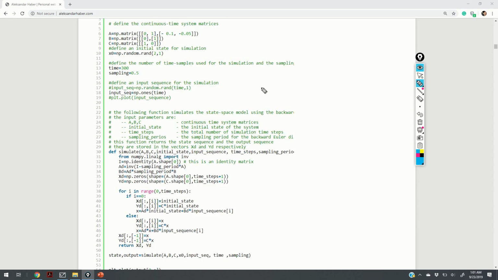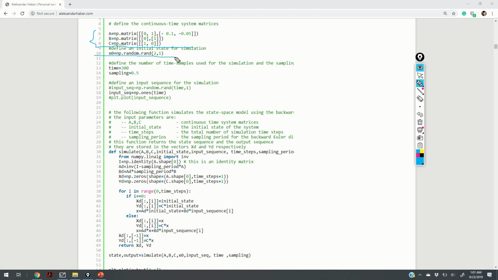So let us now explain the code for simulating the system. We are using the Python programming language. Code lines 6 until 8 are used to define the A, B, and C matrices. We are assuming an arbitrary mass spring system.